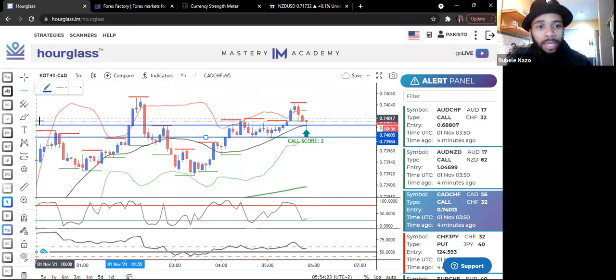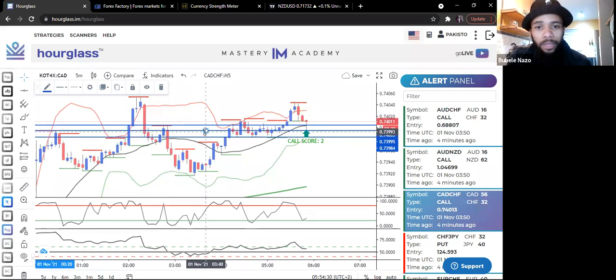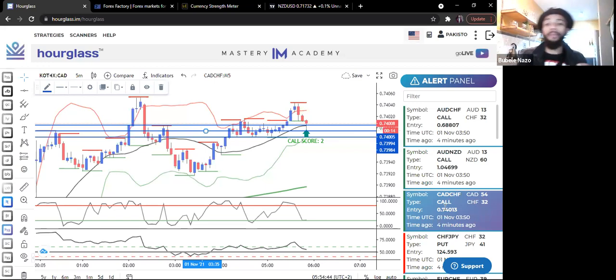So it respected this high over here, this ceiling over here. Can you see the ceiling over here? Let me just move this. Look at the ceiling over here. Remember, previous ceilings can turn into floors. So look at what price did. Price broke into that ceiling, respected it, and continued to push back to the upside. But let's see how price is going to respond in the next 5 minutes, actually.